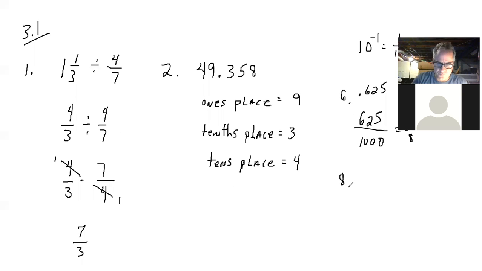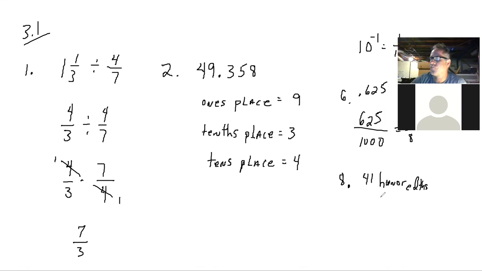Number 8: the problem says to rewrite the following words as a decimal number, and you have 41 hundredths. 41, that's a U, hundredths, the THS. Okay.